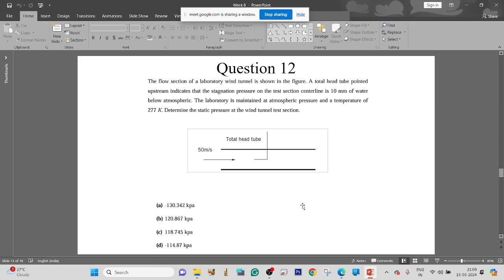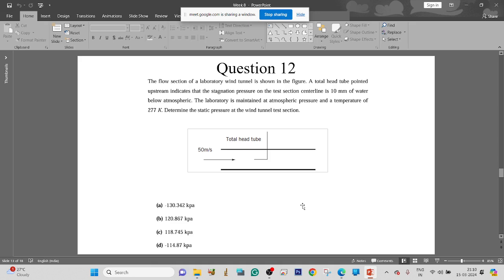So let's calculate this. For question number 12, stagnation pressure P is equal to atmospheric pressure minus rho gh, so 101,325 minus 1000 into 9.81 into 0.01, which is equal to 101,226.9 Pascal. Now this is the stagnation pressure, right?